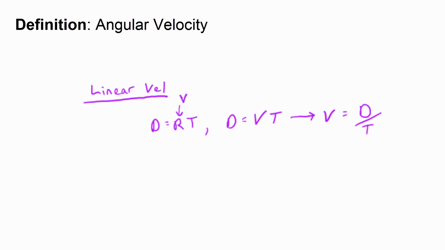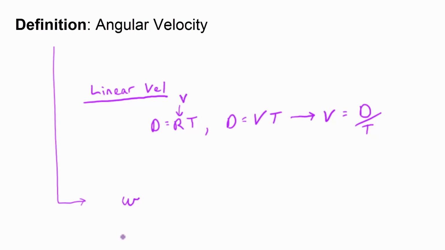So for angular velocity, theta is going to be, let's not call it theta, let's call it omega. It looks like a W, but it's a little Greek symbol, omega. Why that means angular velocity, I don't know. That's just how the physicists said to do it.